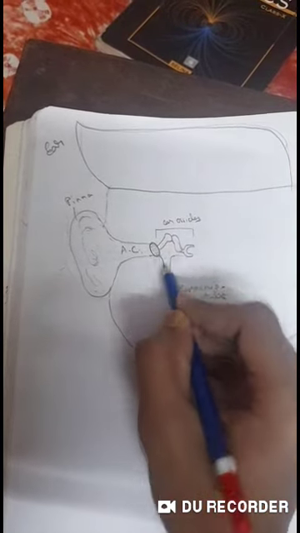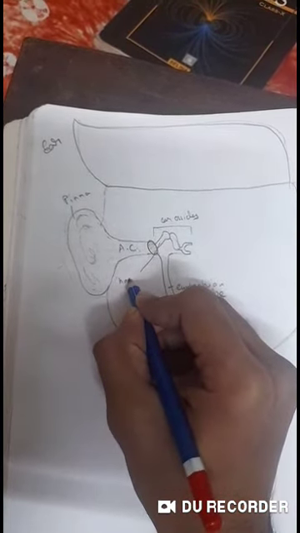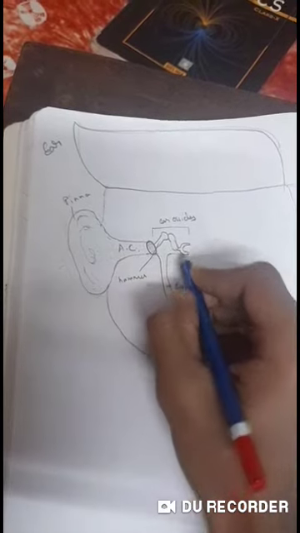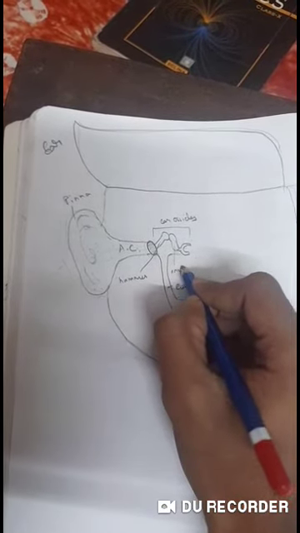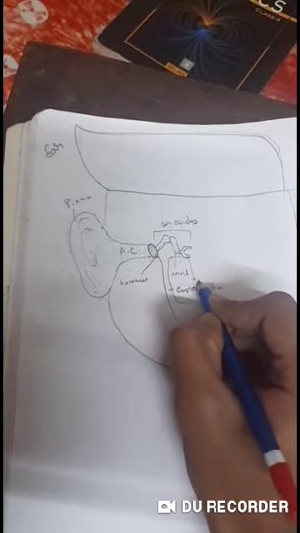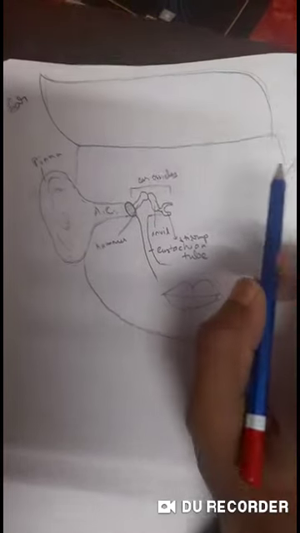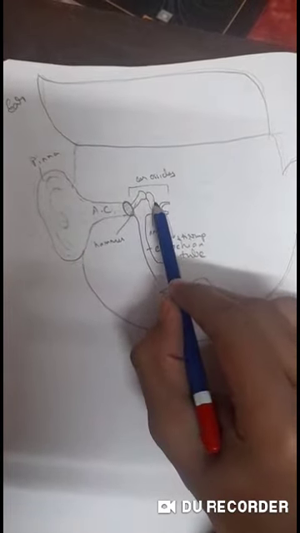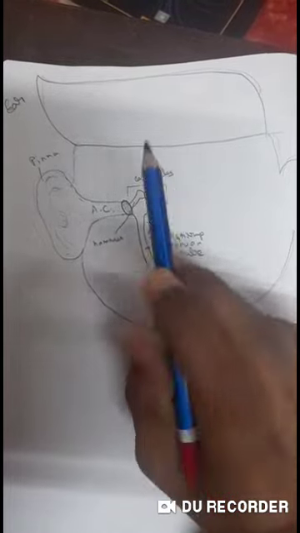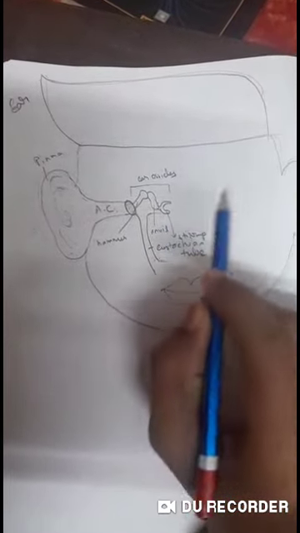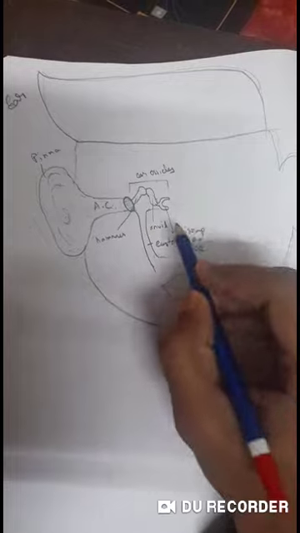This is the hammer, anvil, stirrup. So the middle ear consists of malleus, incus, stapes, eustachian tube, and two windows. One is known as the round window and one is known as the oval window.